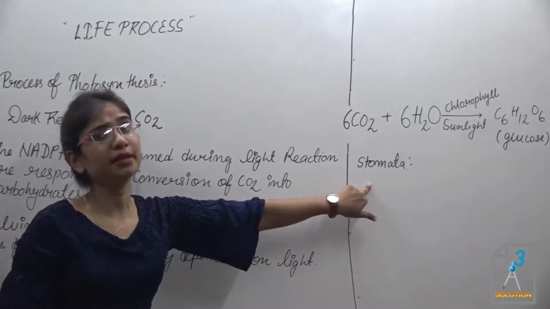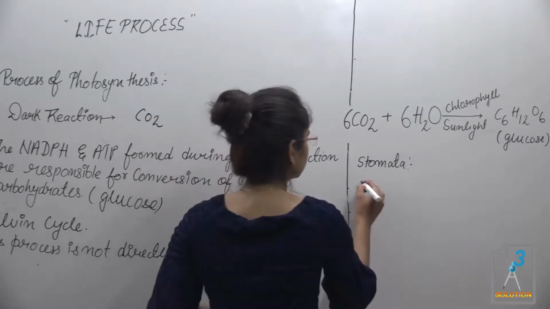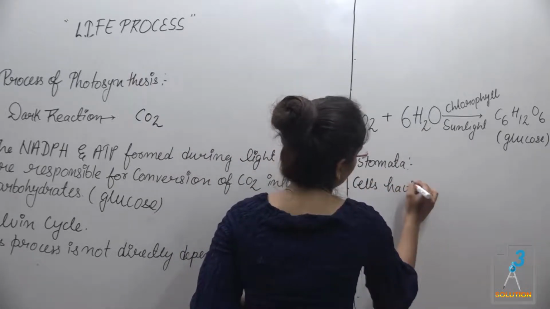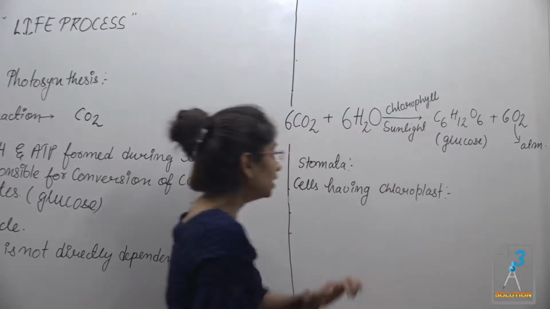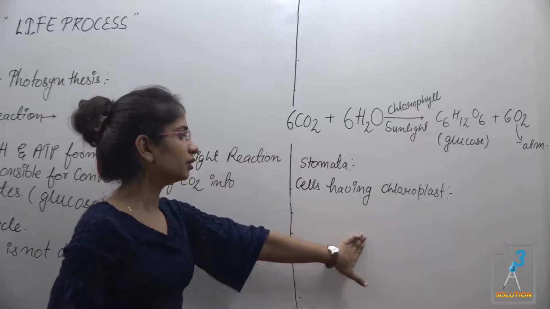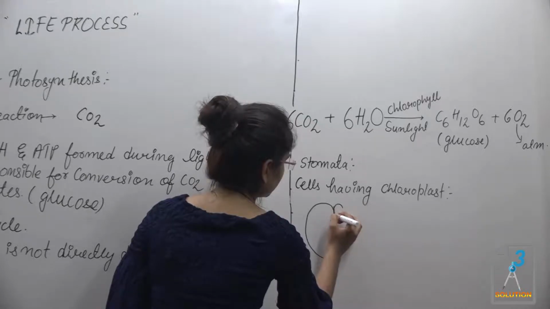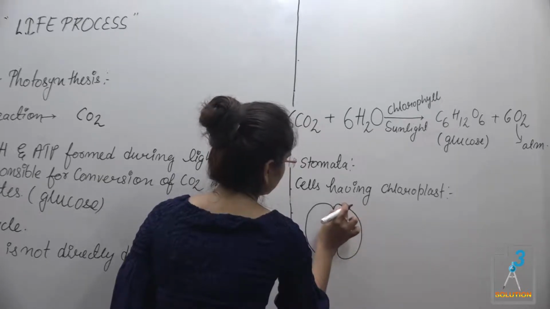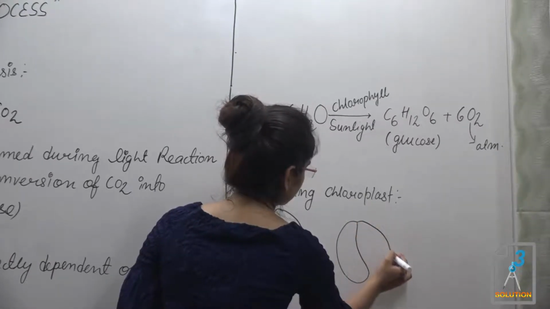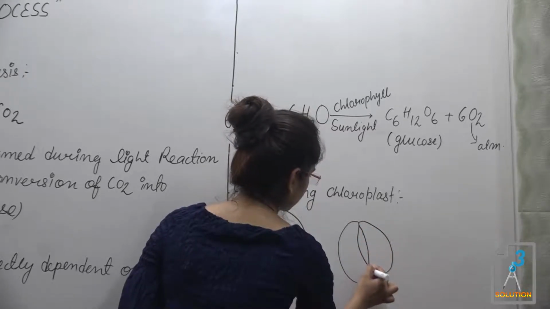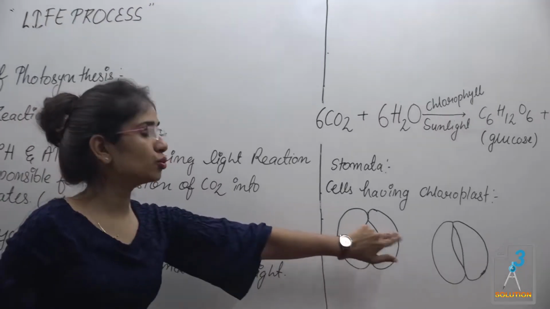Now, what are the stomata? It is very important to understand that stomata are openings. See, the cells of the plants having chloroplast, in those cells who are having the chloroplast, there we have, very simple it is, first of all, these two guard cells.